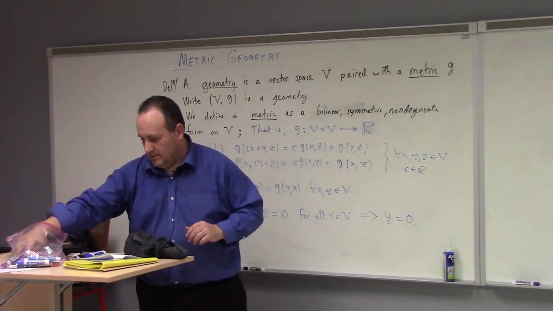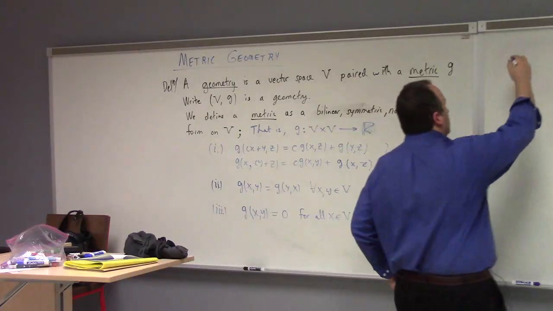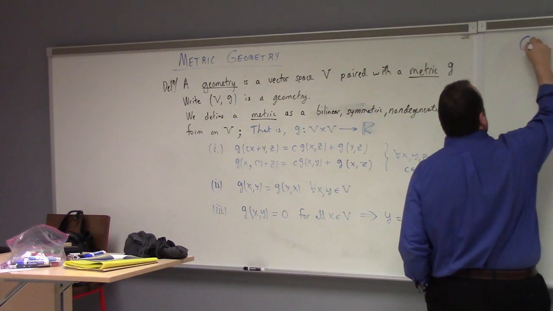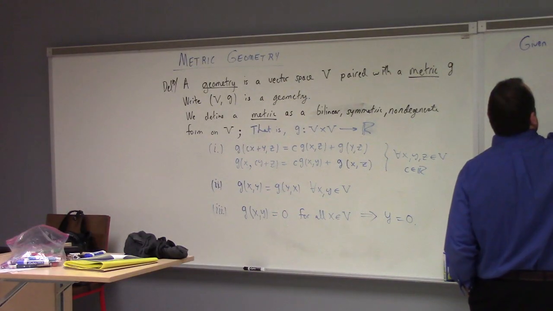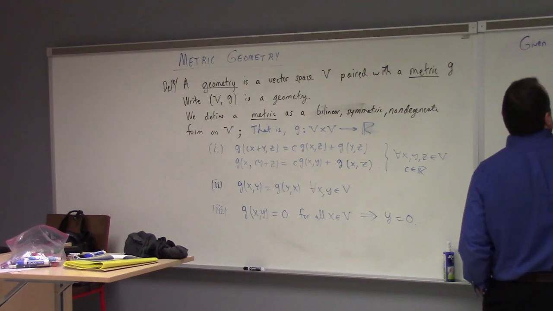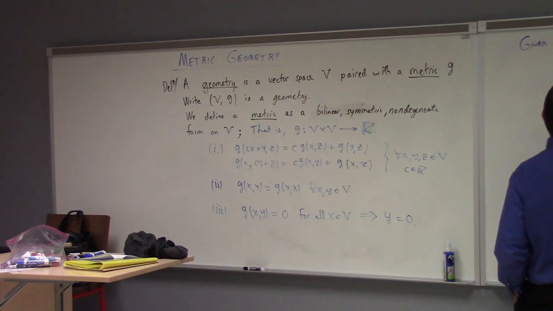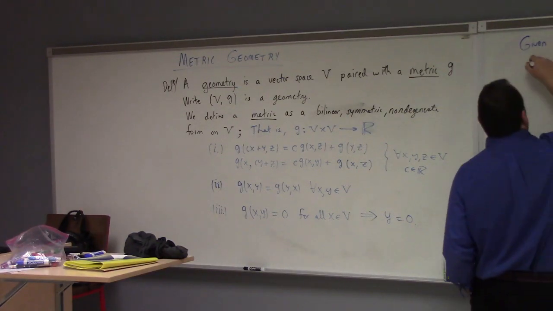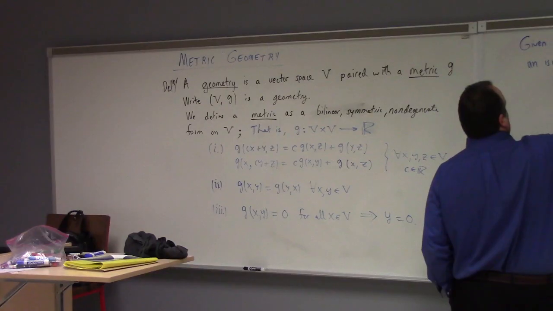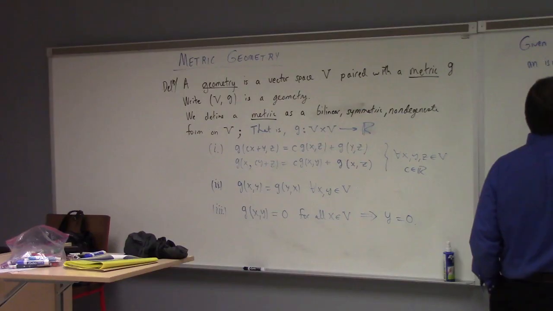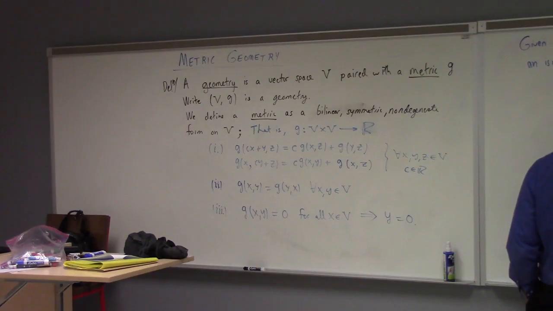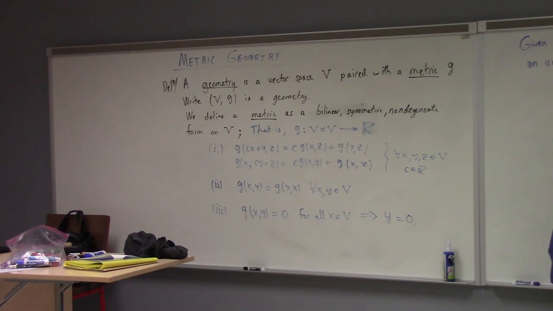So let's see if I can express this. If we're given a vector space V over the reals, let's say, paired with a metric G, we can define an isomorphism of V dual and V as follows.